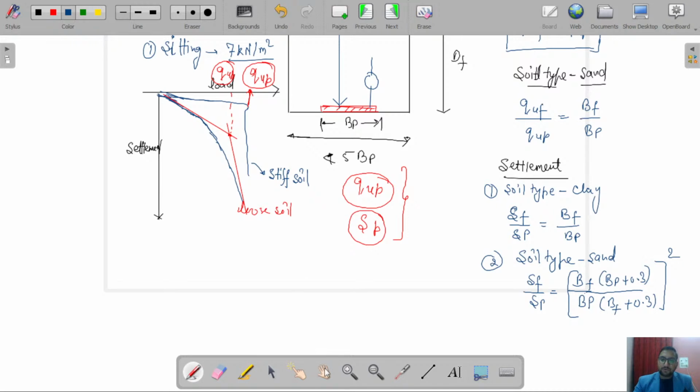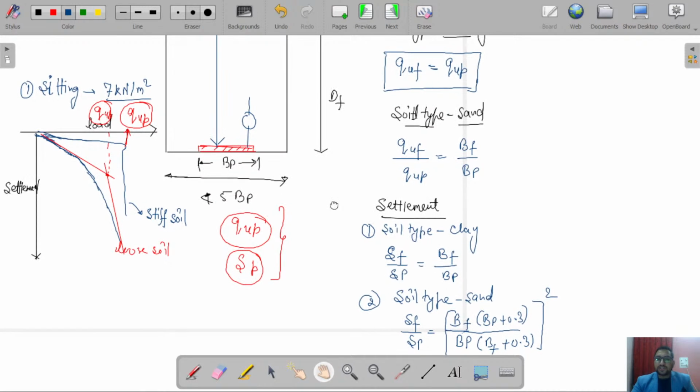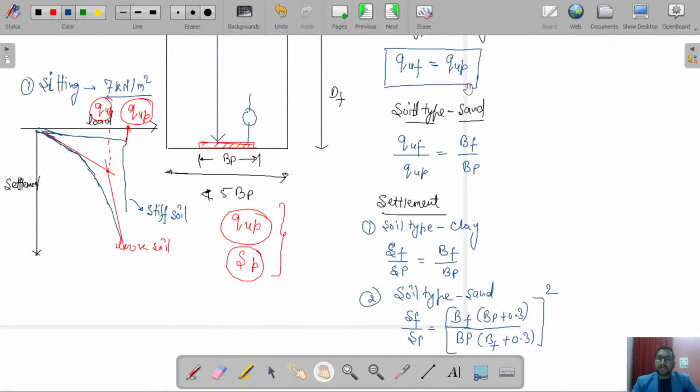So these are our 4 correlations based on which we can calculate the bearing capacity of foundation and settlement of foundation, if soil is clay soil or sandy soil, right?